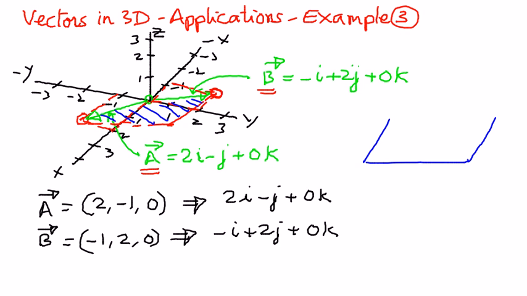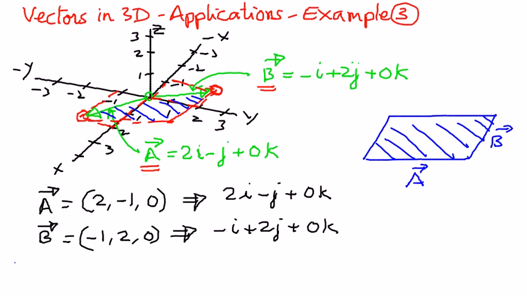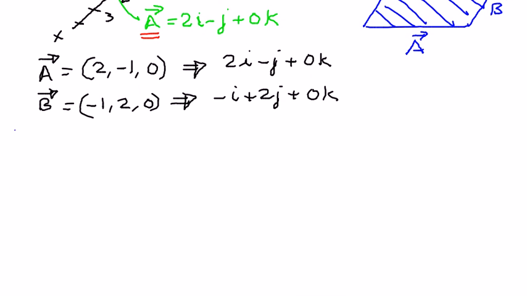If I were to draw it out in this manner, this is vector A, and this is vector B, and we want to find the area of this parallelogram, and we want to use our vector properties to do that. And to do that, we're going to write it out in this manner.